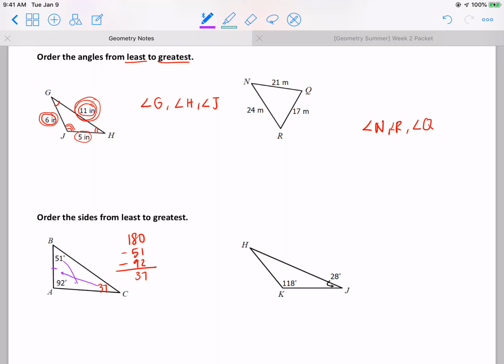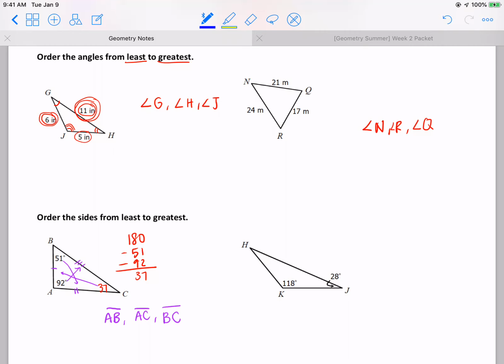Second smallest would be this one. That would be 2 tally marks. The last one, 3 tally marks. Okay, the marks for the 2 letters, that would be a side, which is AB is the first one. And then the next one is 2 tally marks, which is AC. Last one would be BC.